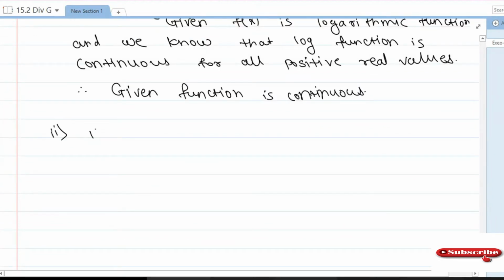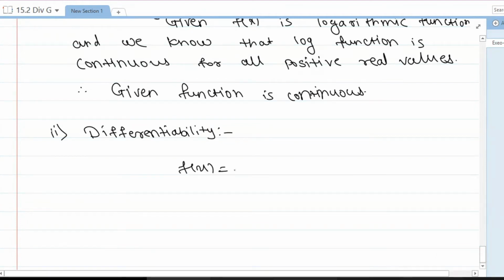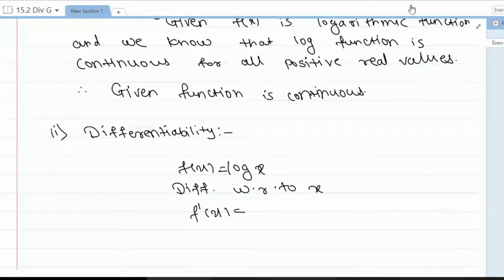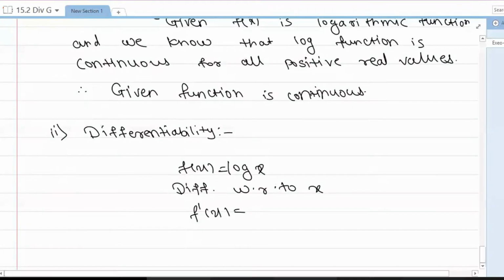Second condition, we have to check for differentiability. Our given function is log x, so differentiate this with respect to x. So what is differentiation? 1 upon x. Yes, differentiation of log x is 1 upon x.